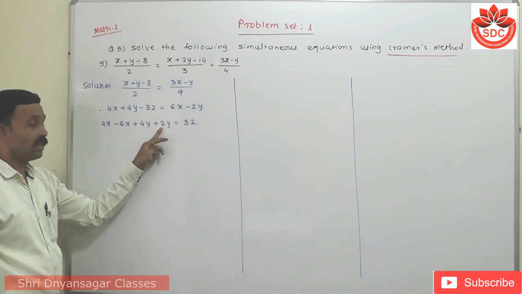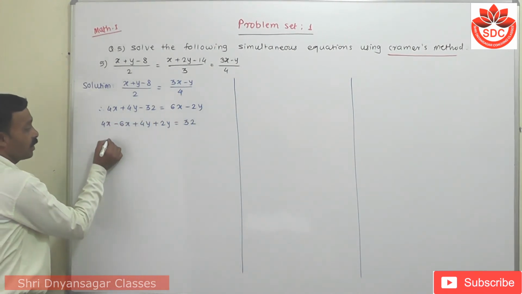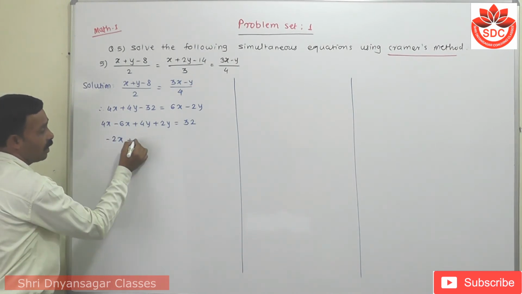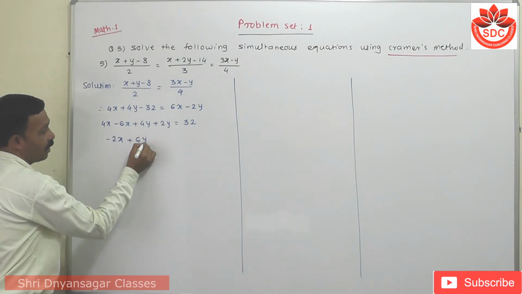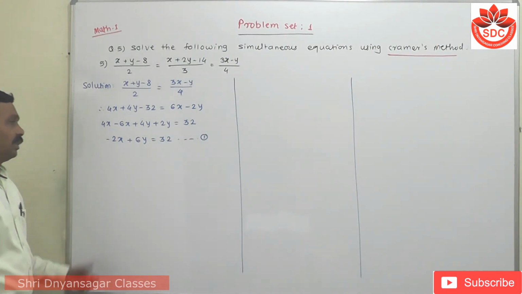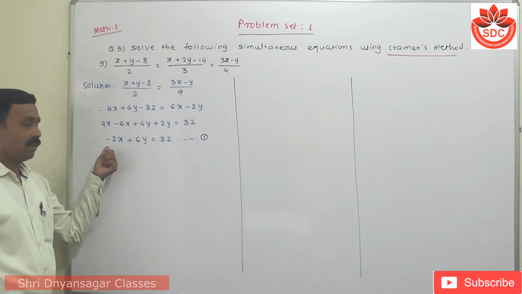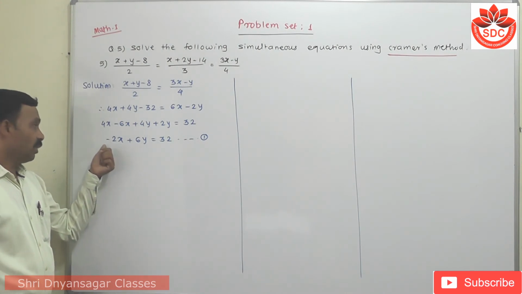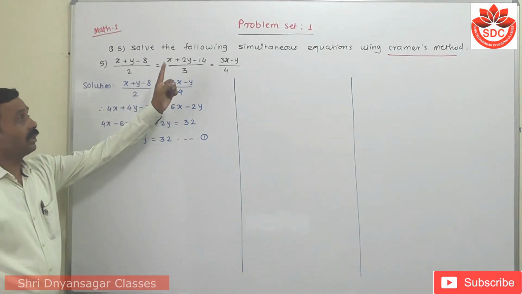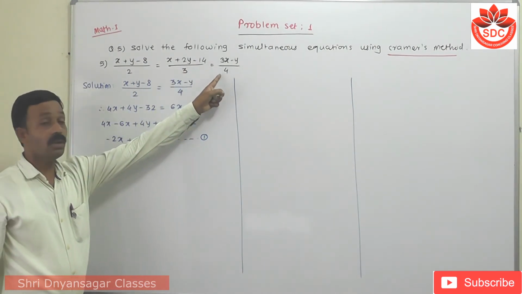This converts to plus. Then subtraction becomes minus 2x plus 6y is equal to 32. This is our equation number first. In this example, you can also write the variable value. Its coefficient is minus 2 here. Okay.